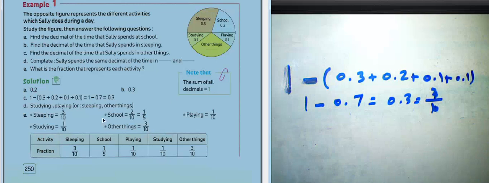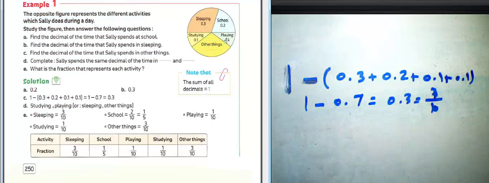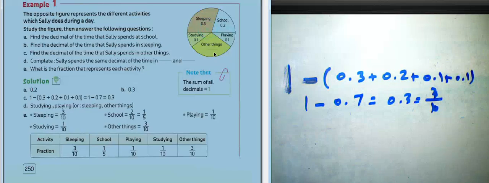Letter D. Complete: Sally spent the same decimal of time on playing and studying, and sleeping and other things, because for other things we get 3 over 10. So we have similar values for studying and playing, or sleeping and other things.